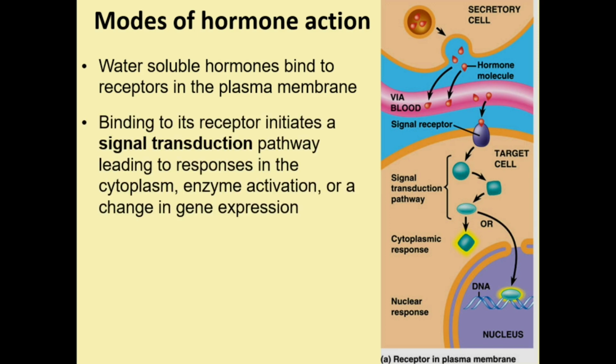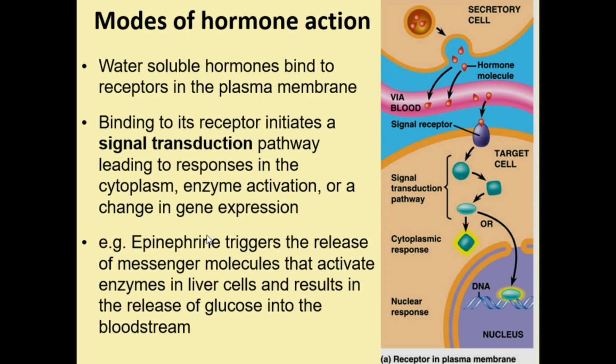Binding to its receptor initiates this signal transduction pathway, leading to responses in the cytoplasm, such as enzyme activation, or it can go into the nucleus and lead to changes in gene expression. So an example of this would be epinephrine or adrenaline, which triggers the release of messenger molecules that activate enzymes in liver cells and result in the release of glucose into the bloodstream.